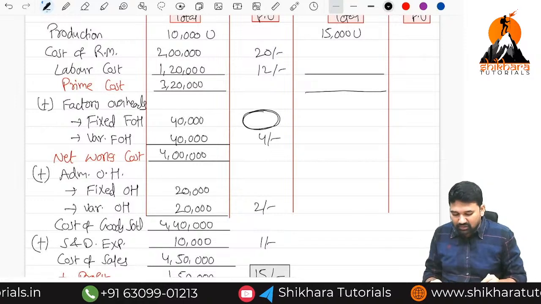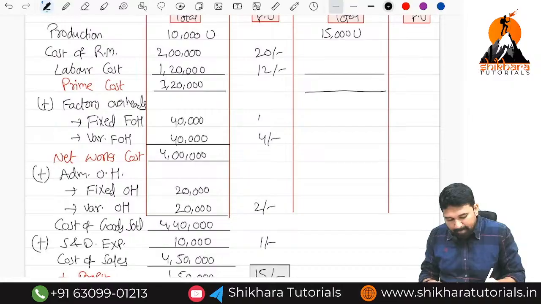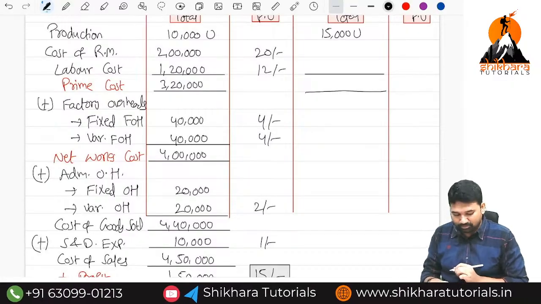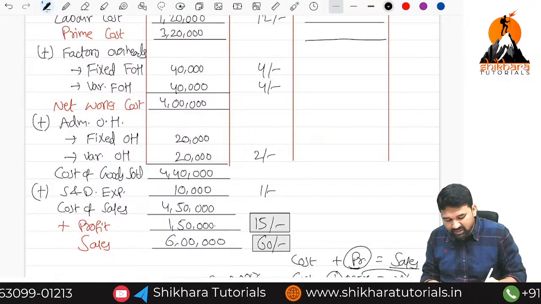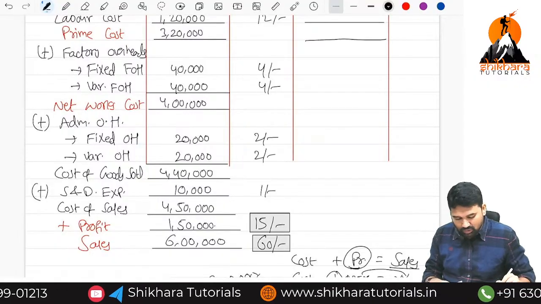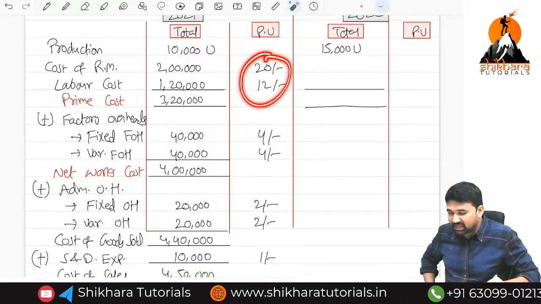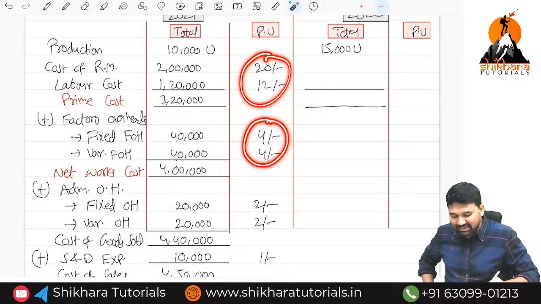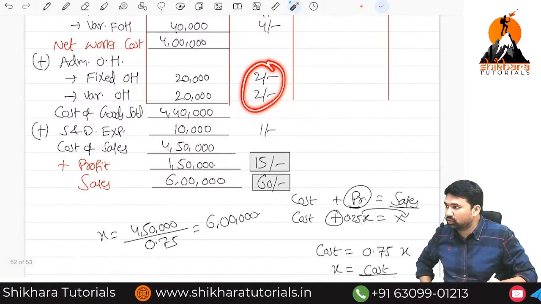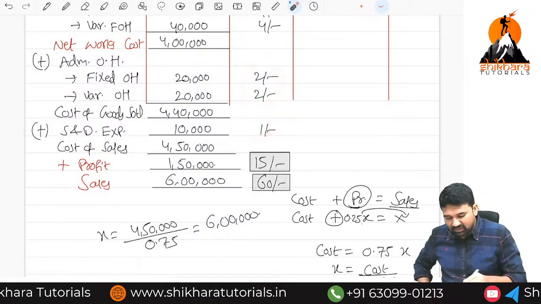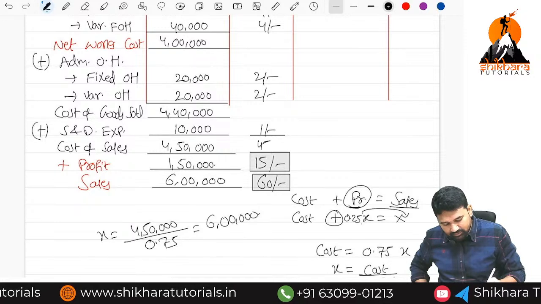Okay, right. 40,000 for 10,000 units means 4 rupees per unit, and 20,000 for 10,000 units means 2 rupees. So now please add: 20 plus 12, 32, 32 plus 8, 40, 40 plus 2 plus 2, 4, 44 plus 1, 45. So now it will be 45.